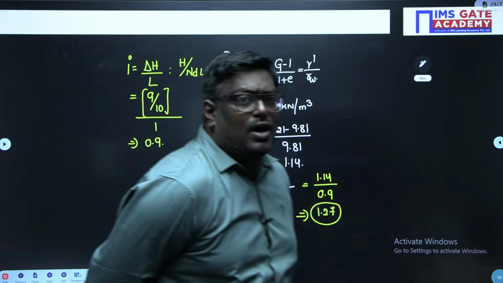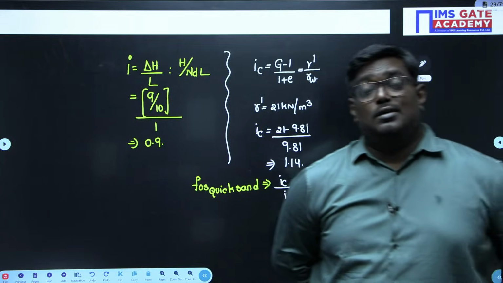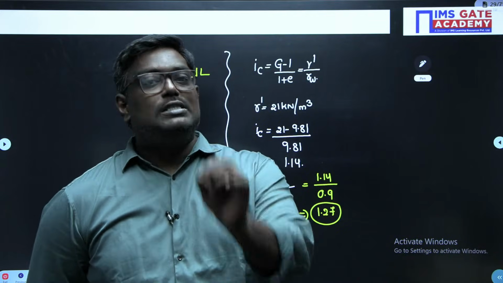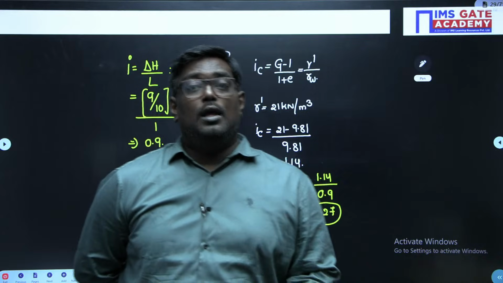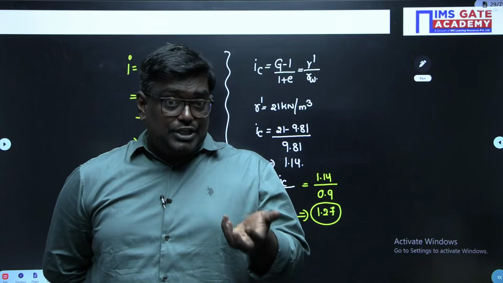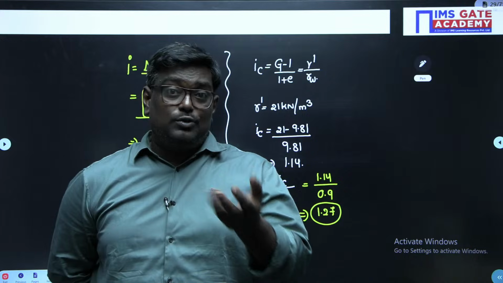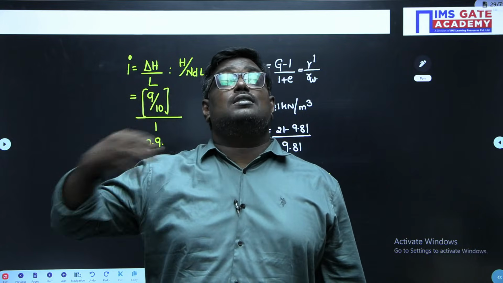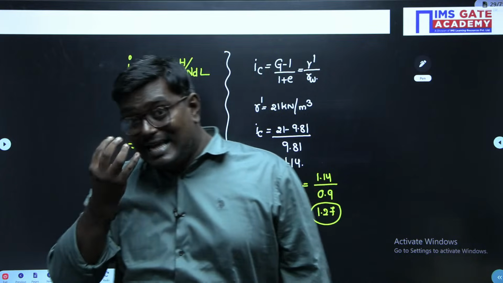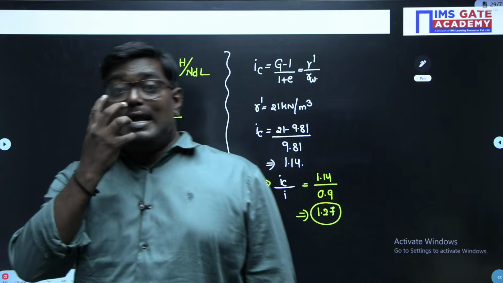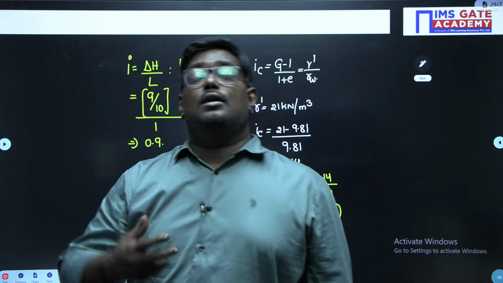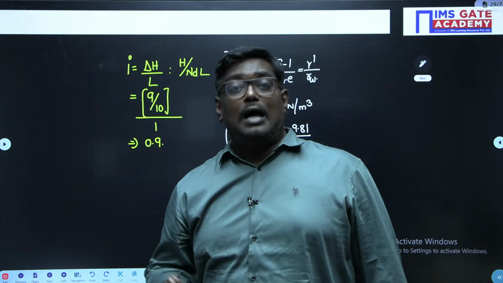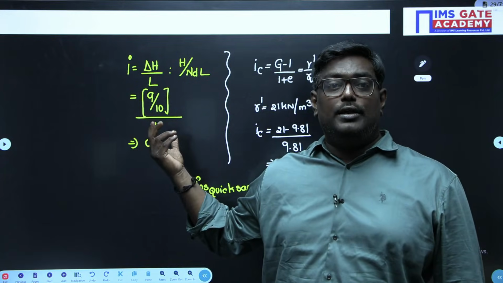So whenever they ask you what is quicksand, quicksand is not a type of soil. It is a condition which is observed in cohesionless soil, because the shear strength is reduced to 0. If you take cohesive soils, when the effective stress is 0, it doesn't mean that shear strength is 0, because it has some cohesion. So at quicksand condition, we call the hydraulic gradient as critical hydraulic gradient.